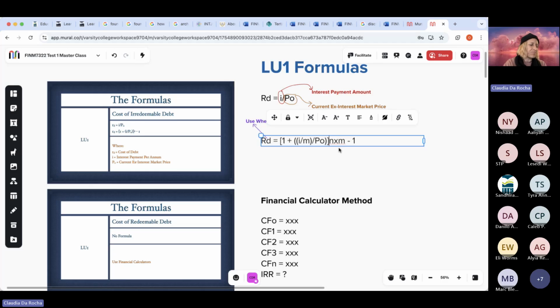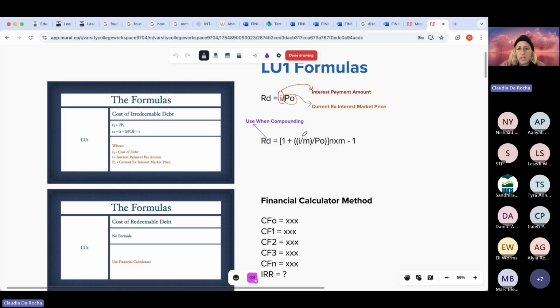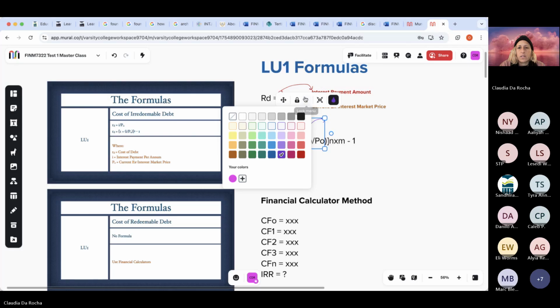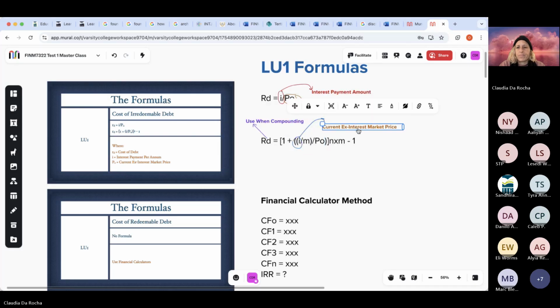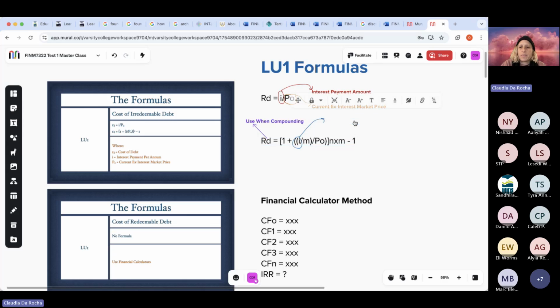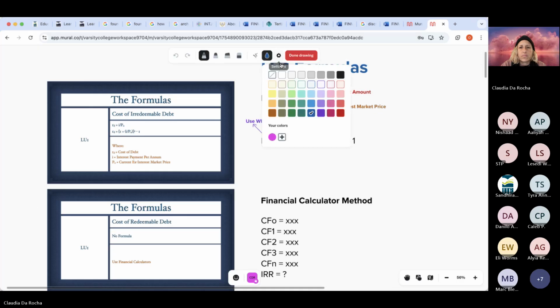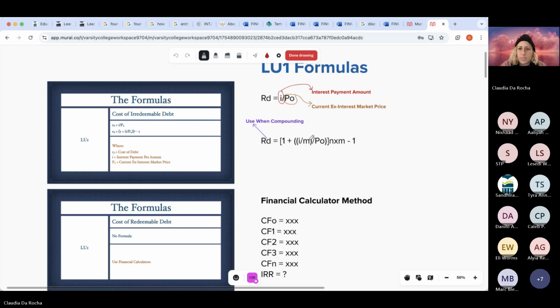Let me just quickly highlight that for you, or at least put in all the different pieces. Okay, so if I draw here, this is your interest. This is the same as this one.